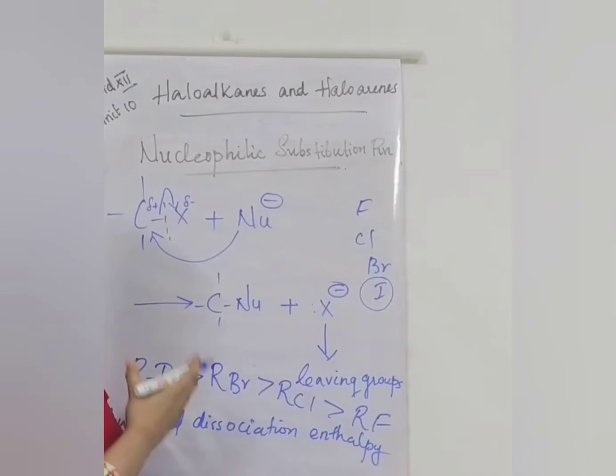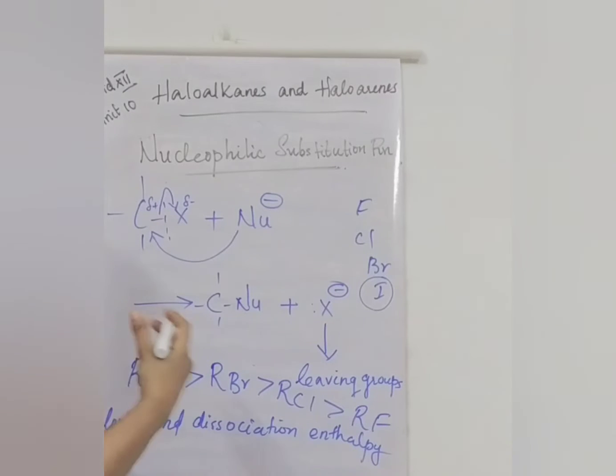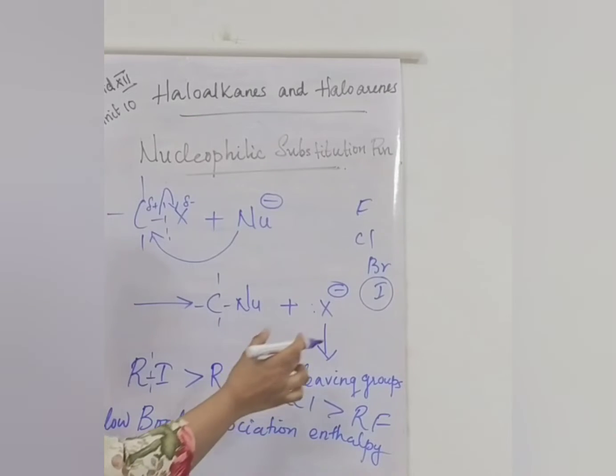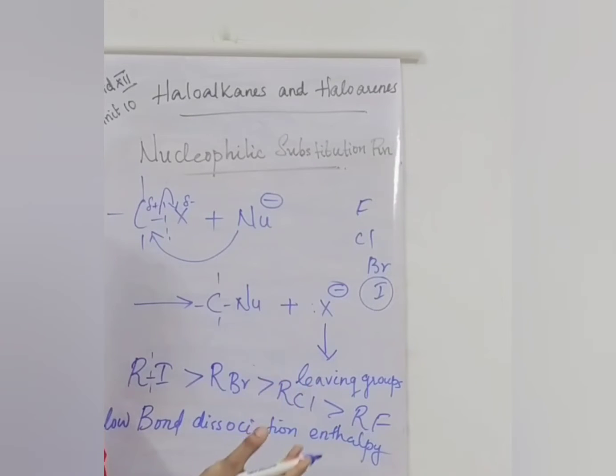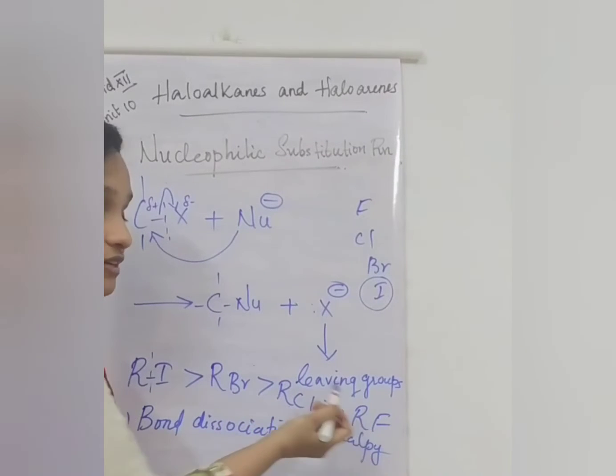To break the R-I bond, only low enthalpy or low energy is required, so RI is more reactive than RBr. R represents the alkyl group.